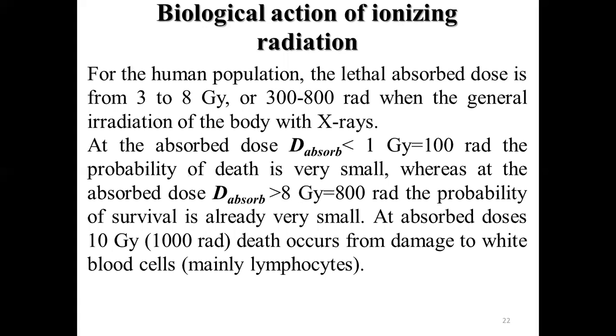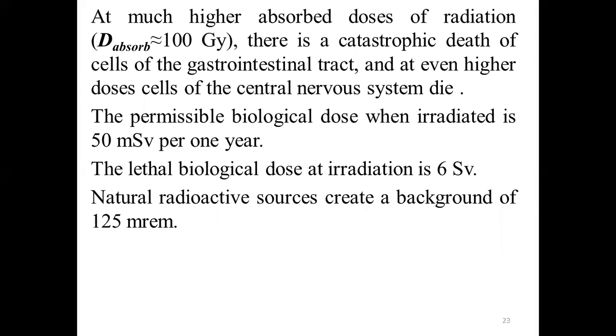At absorbed doses of 10 gray, 1000 rad, death occurs from damage to white blood cells, mainly lymphocytes. At much higher absorbed doses of radiation, at the level of 100 gray, there is a catastrophic death of cells of the gastrointestinal tract, and at even higher doses, cells of the central nervous system die.